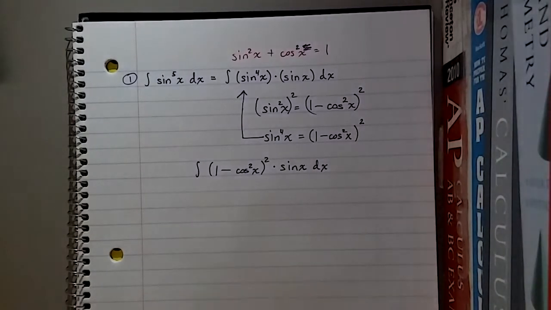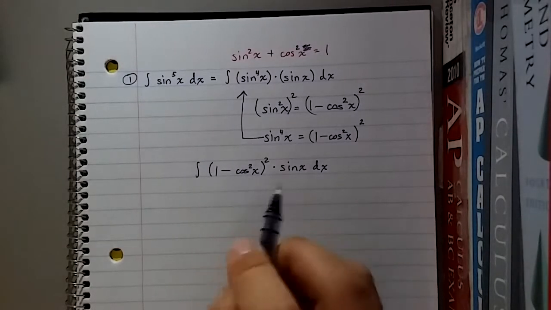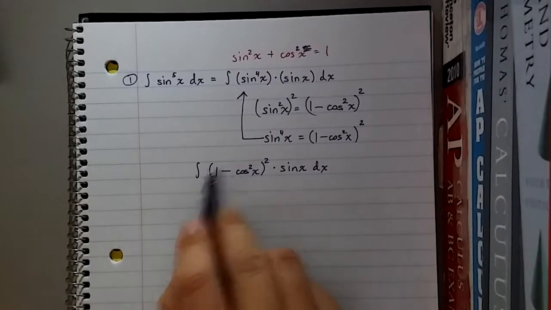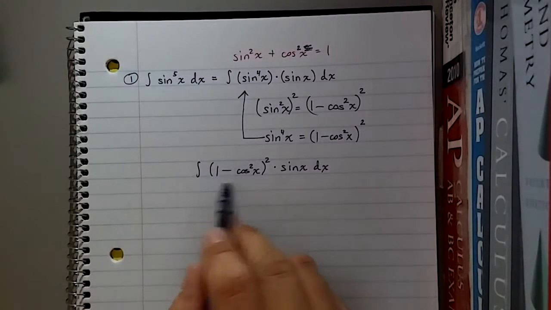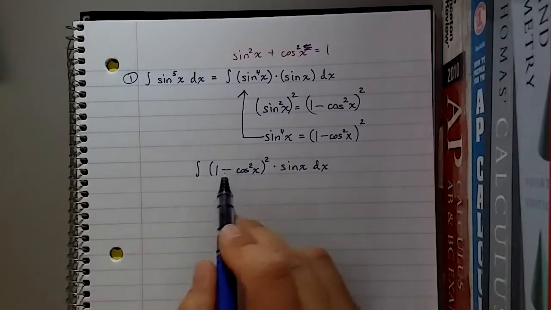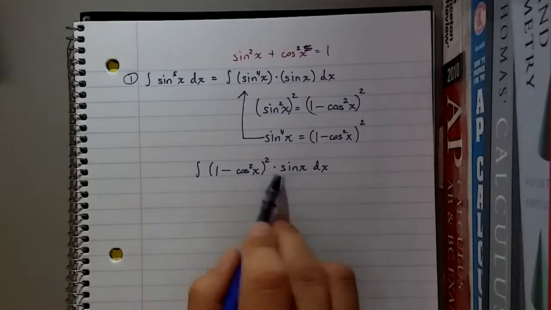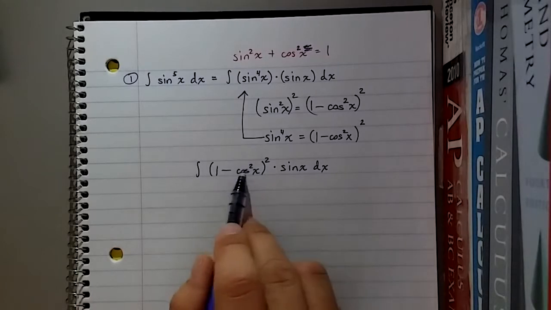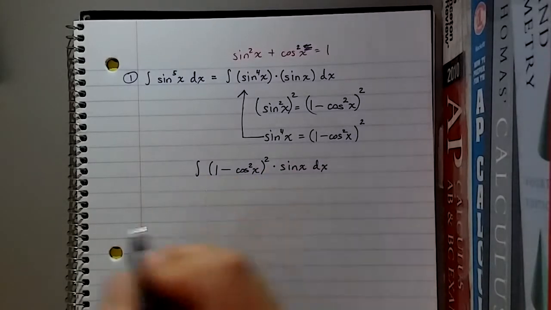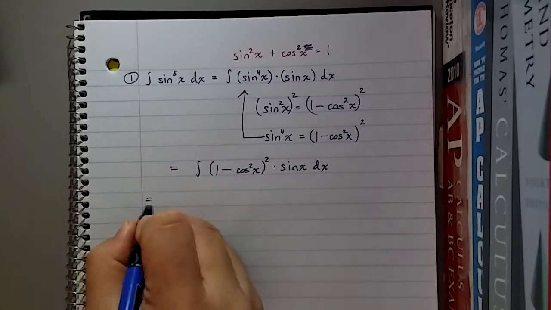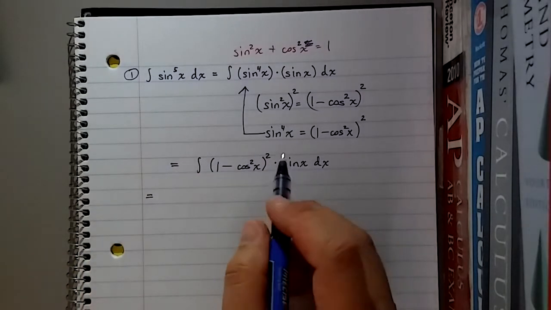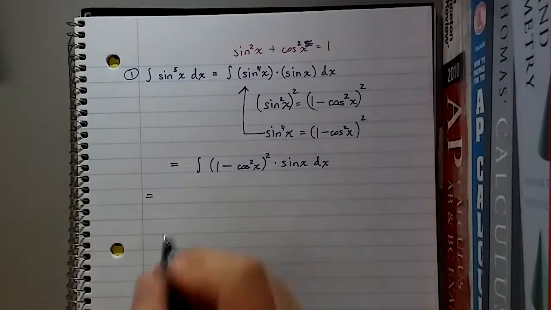And then what do you do from here? Well, you can't use sub because that's going to give us a sine 2x kind of, like if this is u, du would be sine 2x of some sort, and we're not going to be able to replace this. So the only thing you can do right now is, you don't want to because it looks long, you're going to have to just expand that thing.